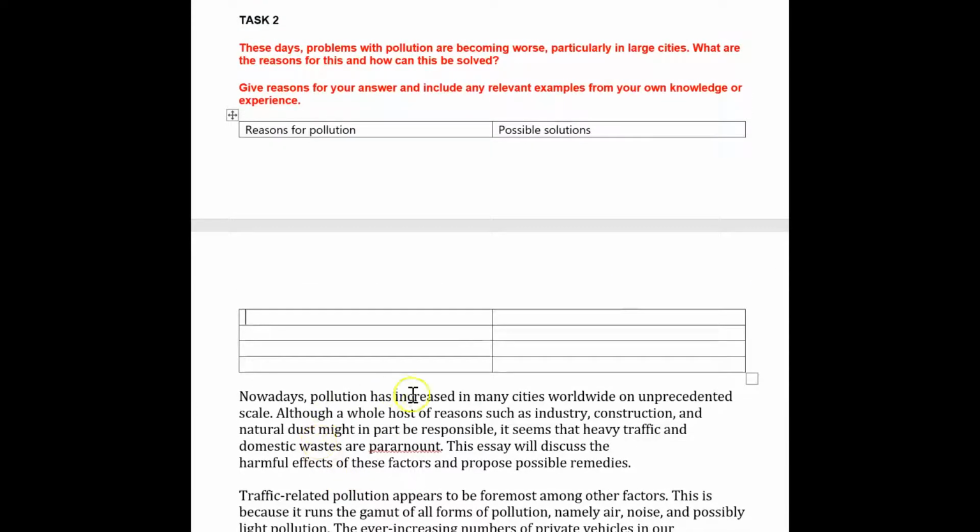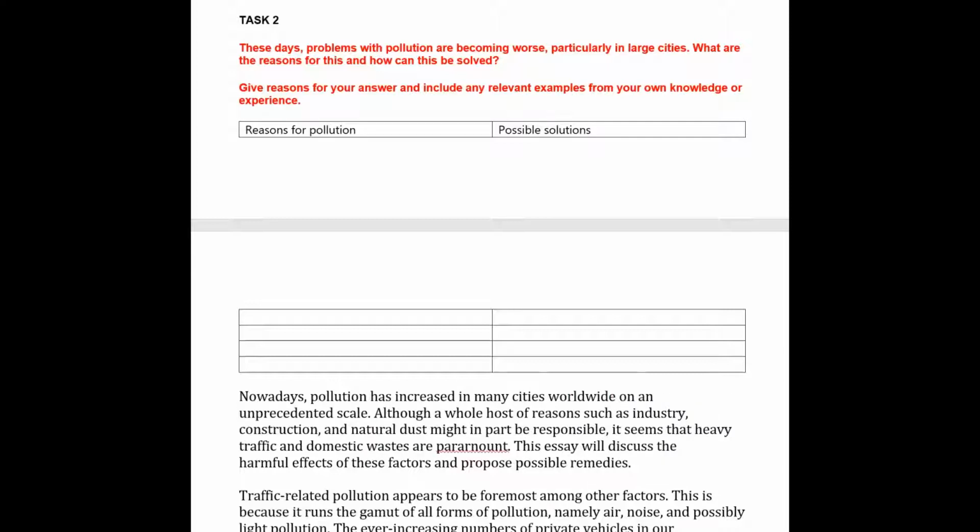So nowadays pollution has increased in many cities worldwide on an unprecedented scale. Although a whole host of reasons, such as industry, construction, and natural dust, might be it seems that heavy traffic investigators are well done. Paramount, brilliant. This is great. Paramount, hang on.